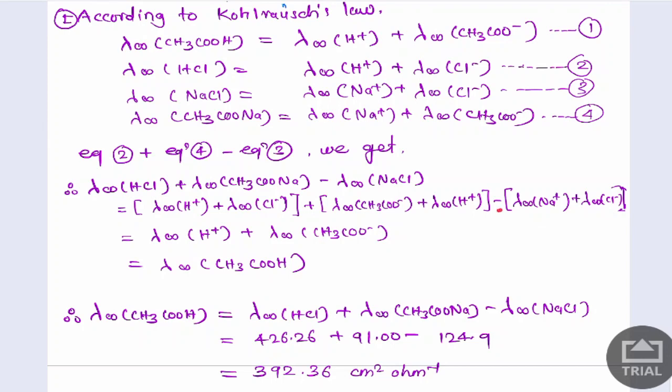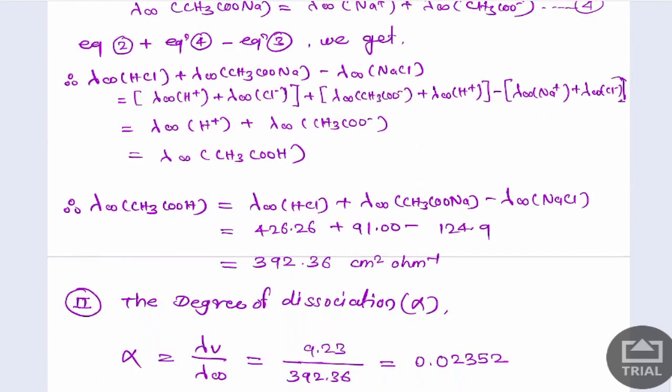So the Cl minus terms cancel out, and the Na plus terms cancel out. What remains is lambda infinity of H plus plus lambda infinity of acetate ion, which is nothing but lambda infinity of acetic acid. Therefore the equivalent conductance at infinite dilution is equal to lambda infinity of HCl plus lambda infinity of sodium acetate minus lambda infinity of NaCl.